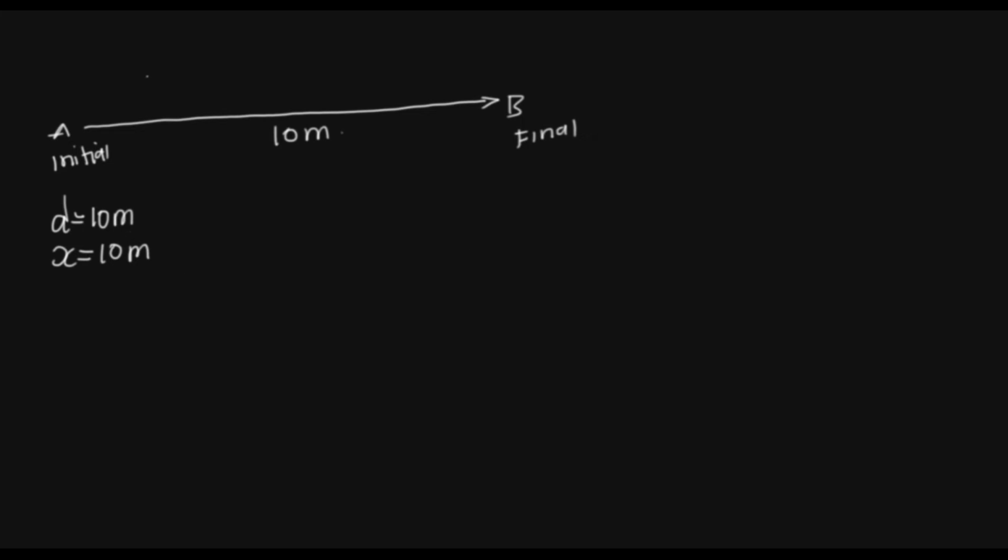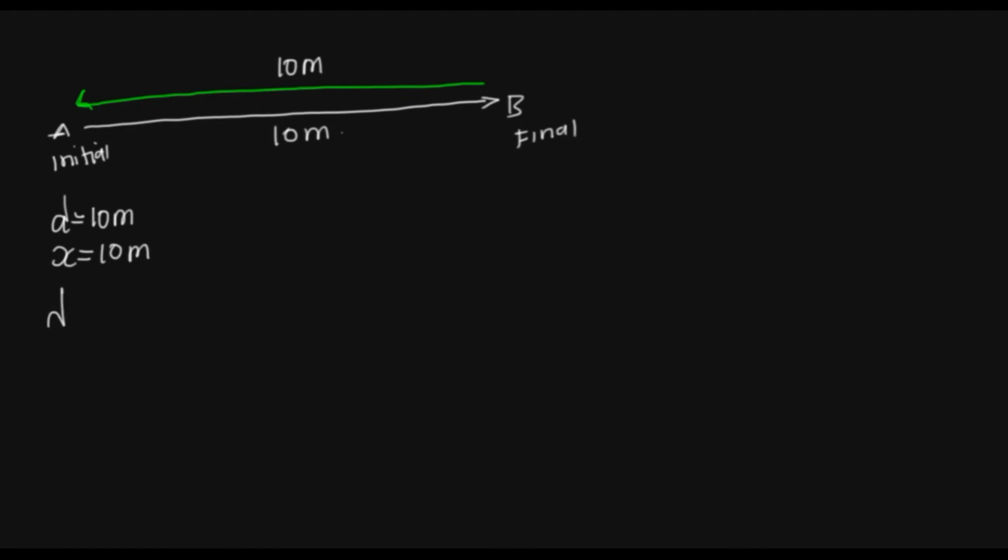Now, let's have another case. Let's say an object moves from point A to B. Then again, this object or person turns and moves in the opposite direction, from B back to A. The first question we can ask is, what was the distance?